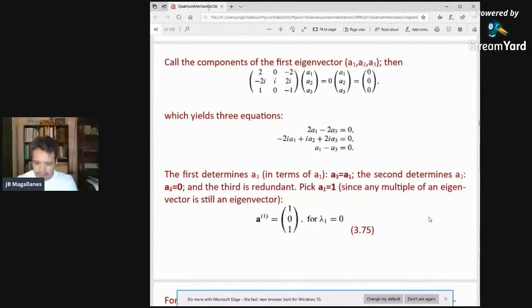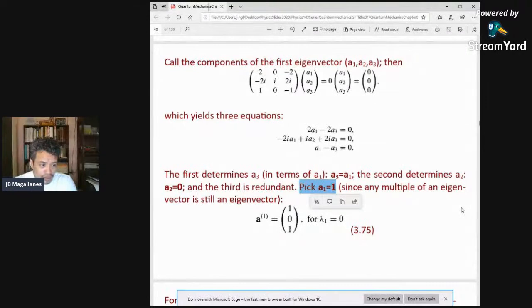Now, if we pick a1 equals 1, or you can pick a1 equals 5, or a1 equals 100 or 1000 or 1 million, but we just pick a1 equals 1 for simplicity. Any multiple of an eigenvector is still an eigenvector.